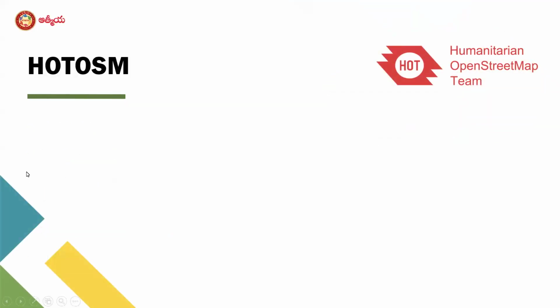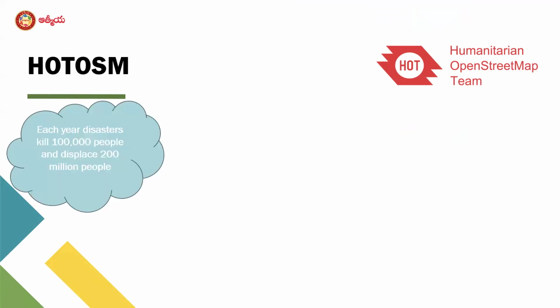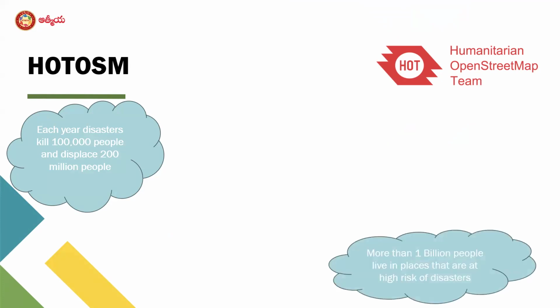So first, I have to explain the problem that we are trying to solve here. So every year, natural disasters kill 100,000 people and displace 200 million people. And more than 1 billion people live in places that are at high risk of disasters. So this is the main problem.